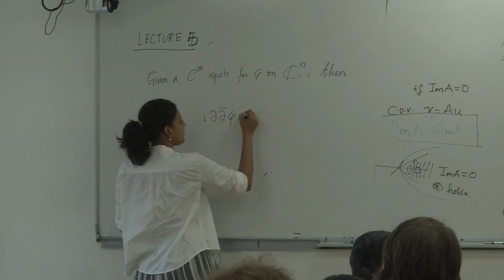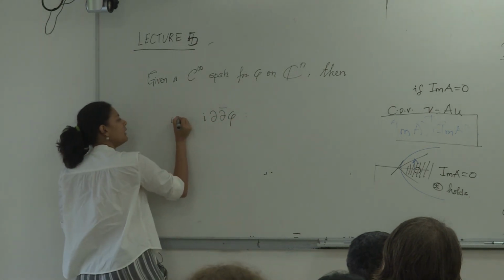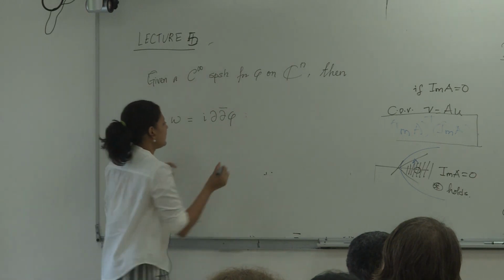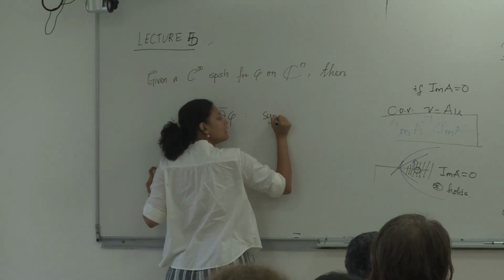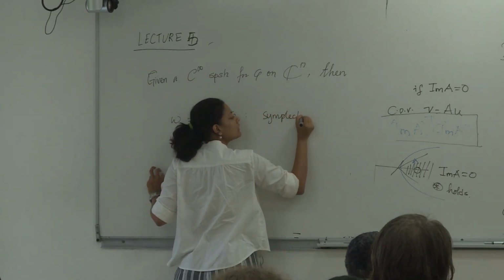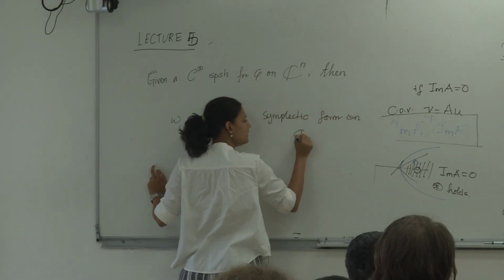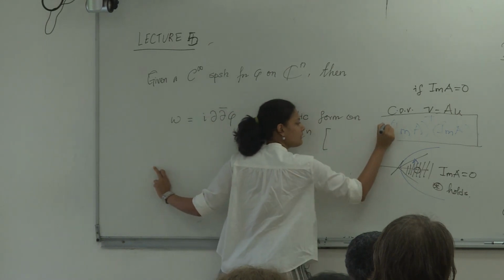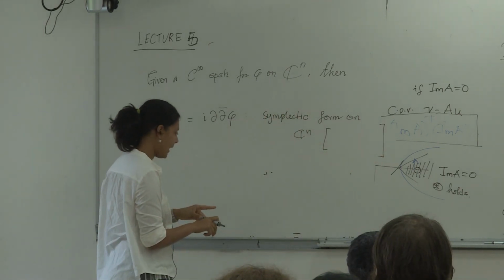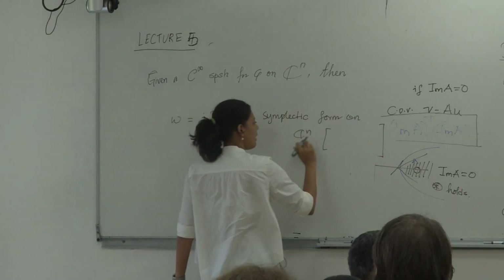It's very nice because, let me call this omega, it gives you a symplectic form on Cn, which maybe it's worth reminding you what that is. So what is a symplectic form on Cn?